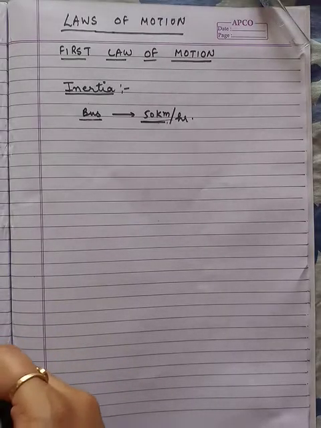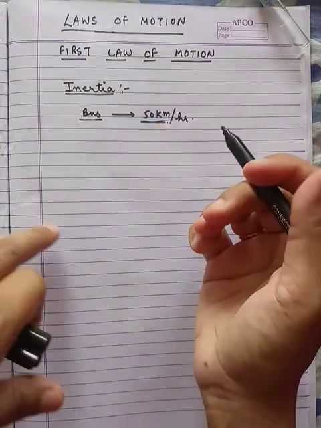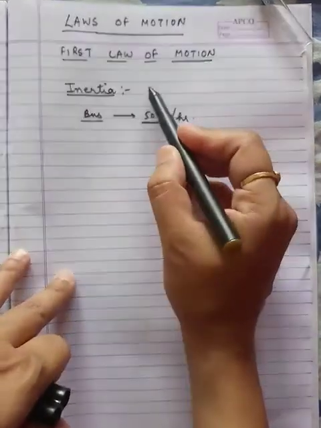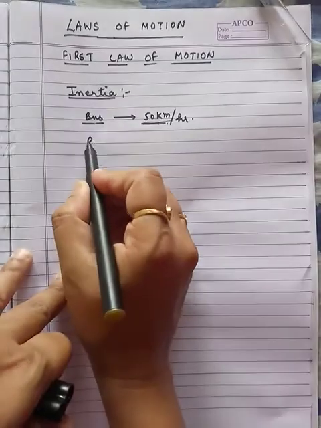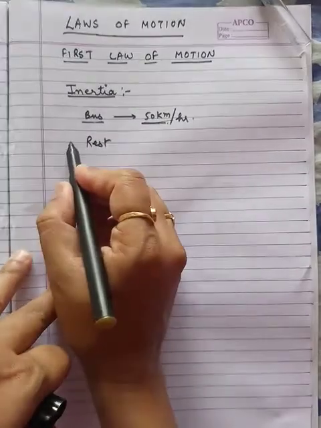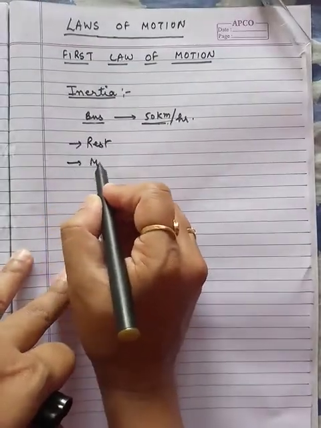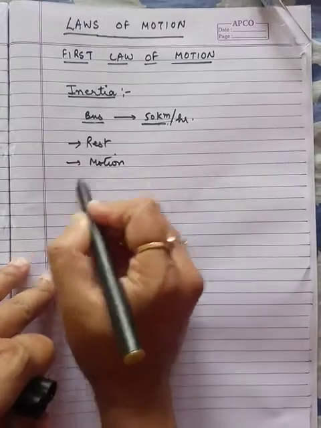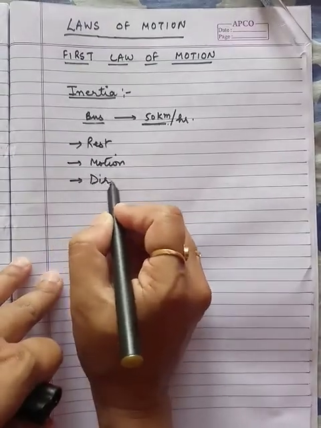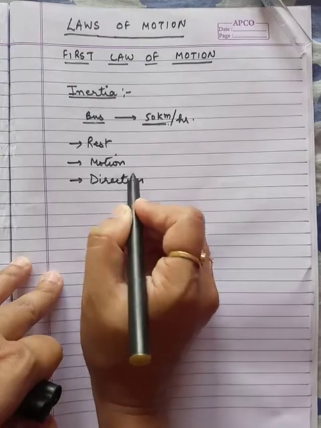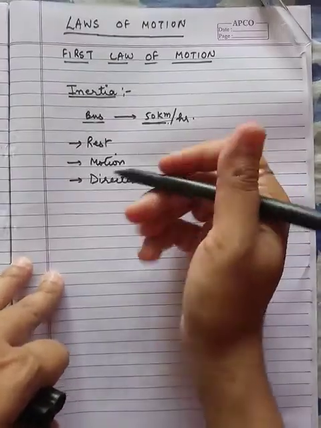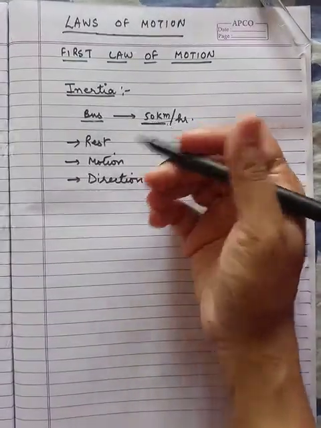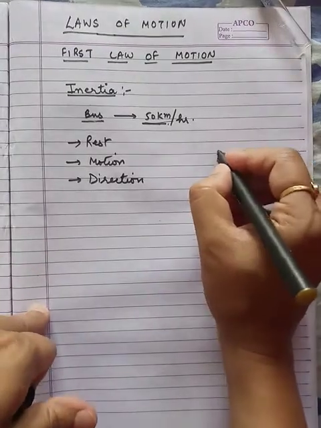So we have three types of inertia basically: inertia of rest, inertia of motion, and inertia of direction. Inertia is basically related to mass.